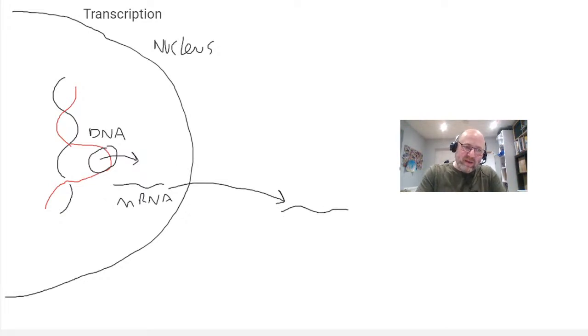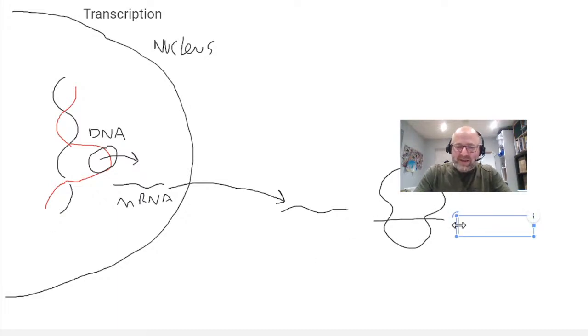Now that mRNA then joins to a ribosome. A ribosome, as you know, is found in the cytoplasm, and it's the site of protein synthesis.